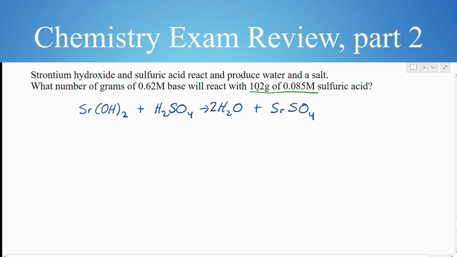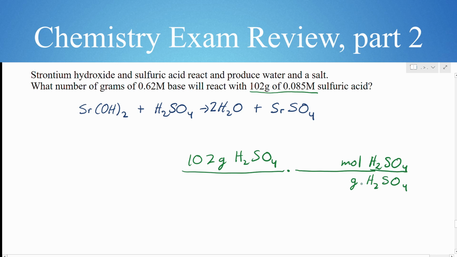So we can figure out how many moles were here by converting 102 grams of sulfuric acid to moles of sulfuric acid. I wrote out my units in the new fraction so that we can cancel out grams of sulfuric acid. For this, we're going to be using the molar mass of sulfuric acid. In 1 mole of sulfuric acid, we have 98.08 grams. And now we just divide so we can find the number of moles.